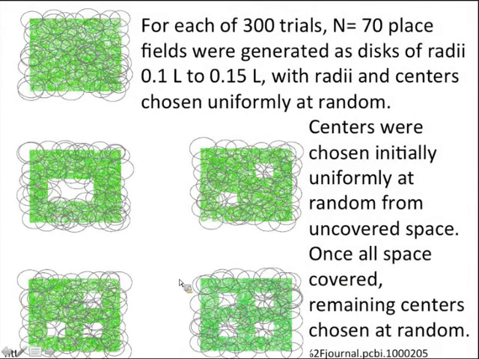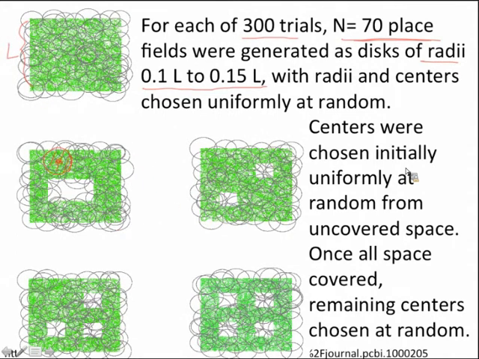They did 300 trials, and they placed 70 place fields. They randomly chose points, then placed a circle around each point, and the radius of the circle would be 0.1 to 0.15 L, where remember L was the side length of the square.